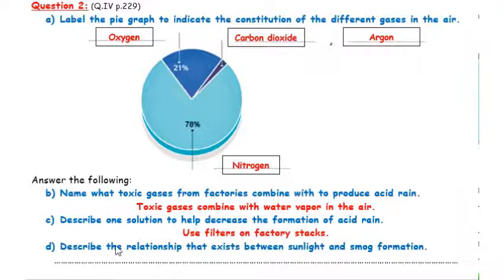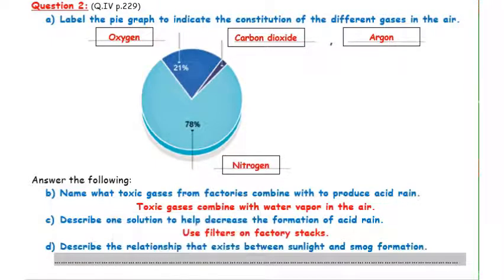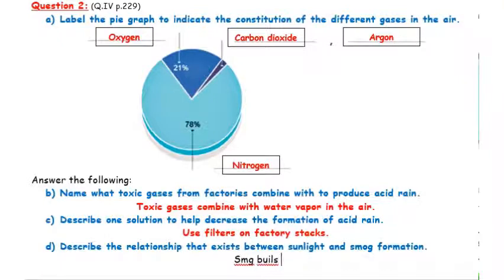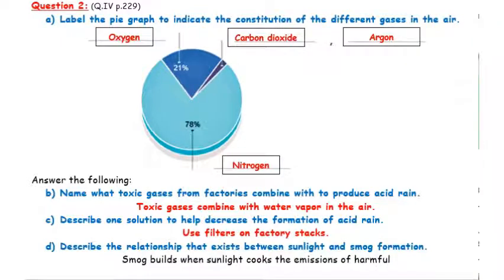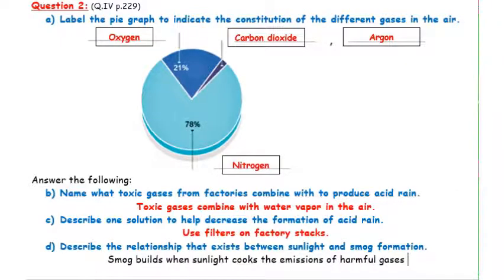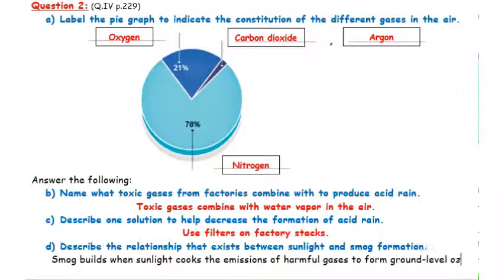Okay, so smog builds when sunlight hits or cooks the emissions of harmful gases to form ground level ozone.